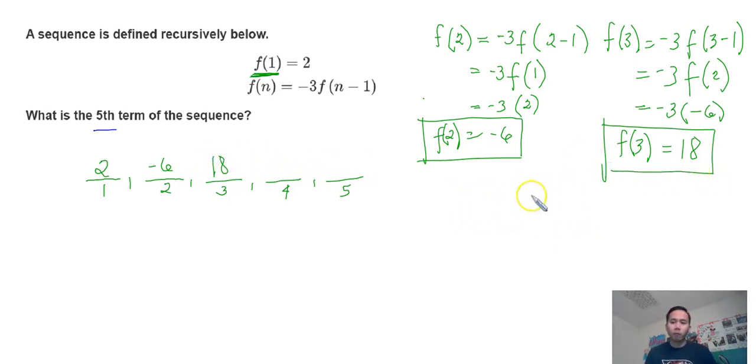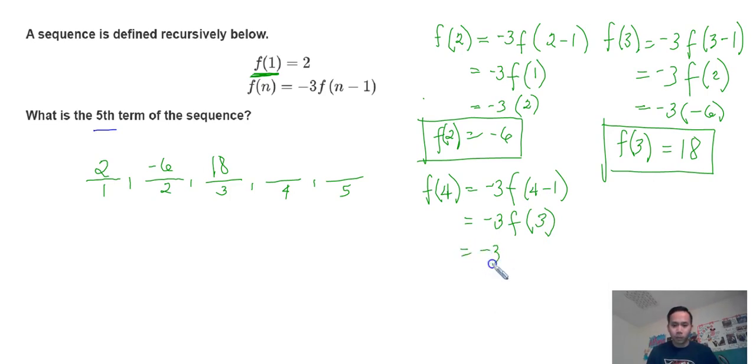Now you have f4. So f of 4 is equal to -3 f of 4 minus 1, which is the previous term. So -3 times f of 3.